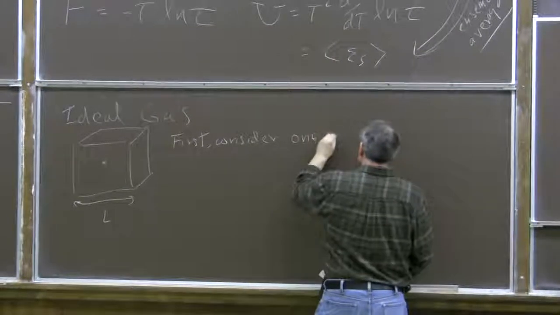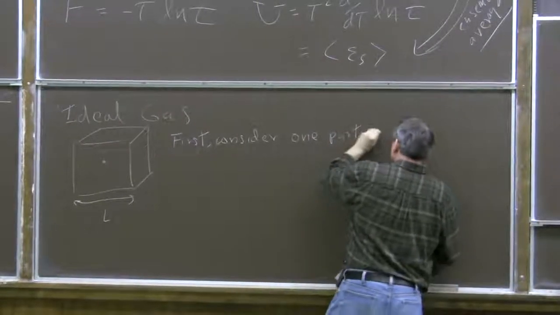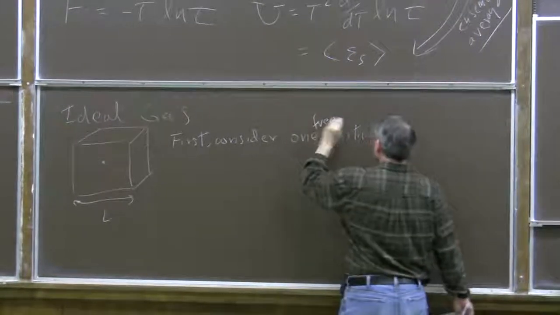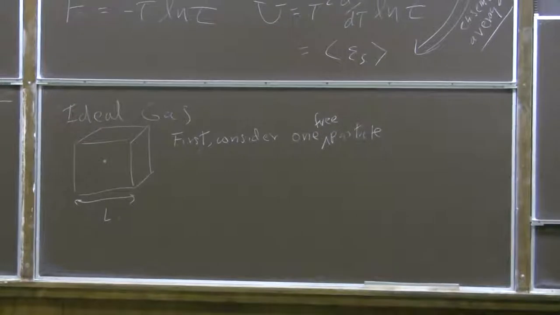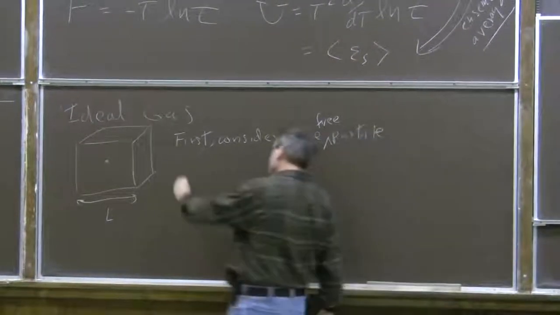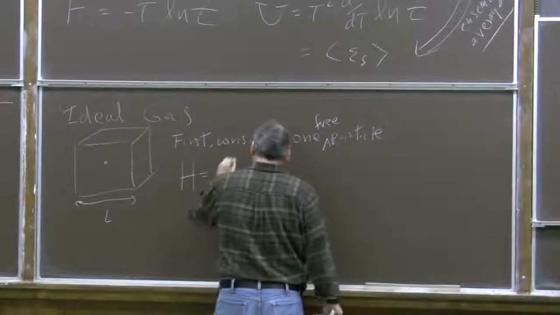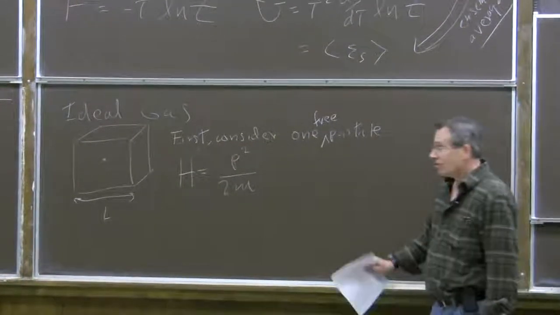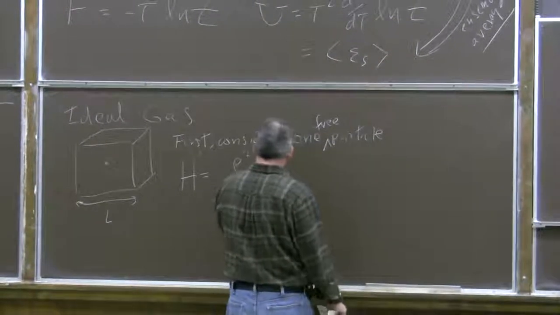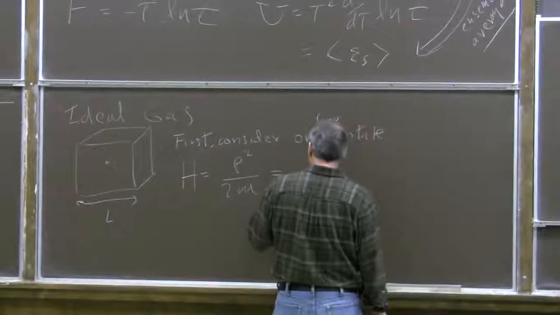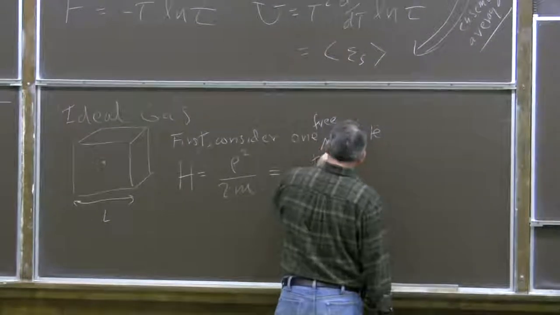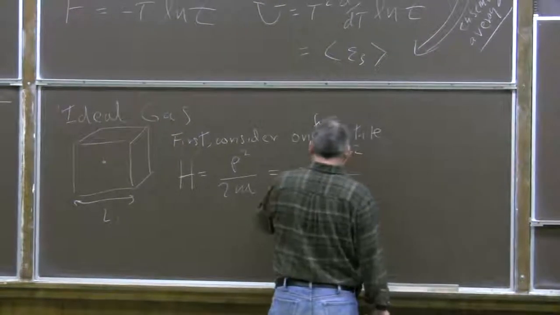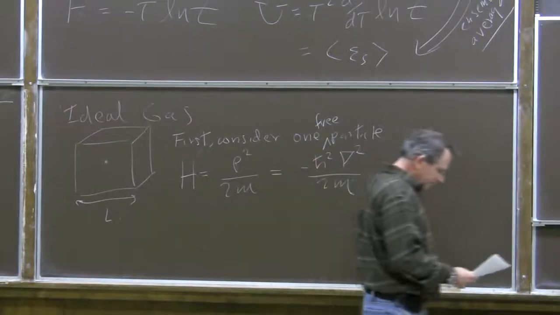Consider one particle. It's one free particle. Only kinetic energy, not potential energy. That's what I mean by free. So the Hamiltonian is just p squared over 2m. As you know from 12b, regarded as an operator acting on a wave function, that's minus h bar squared gradient squared divided by 2m.